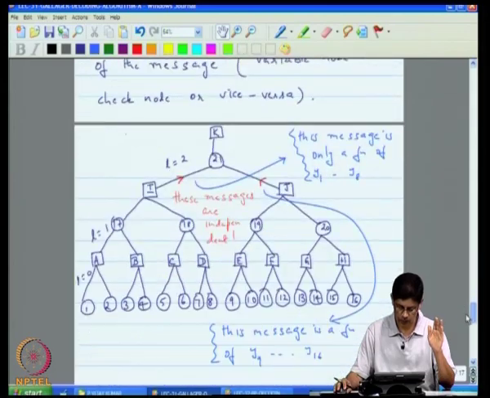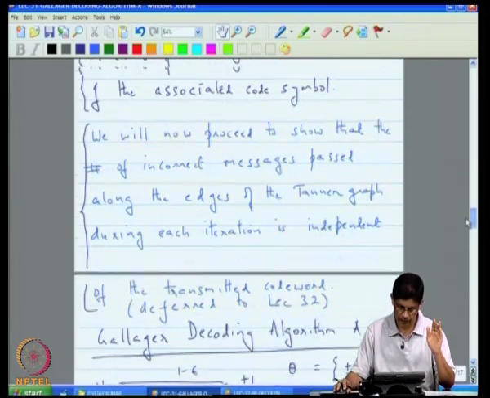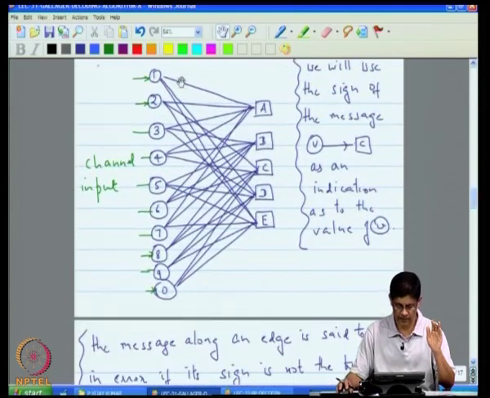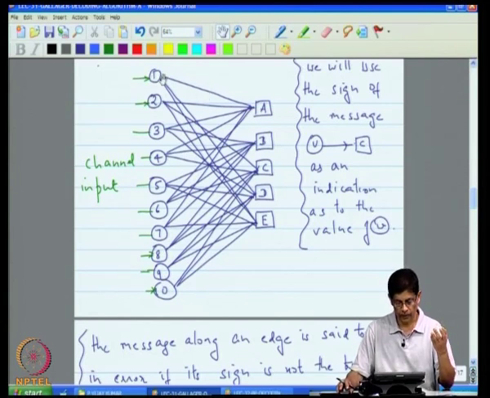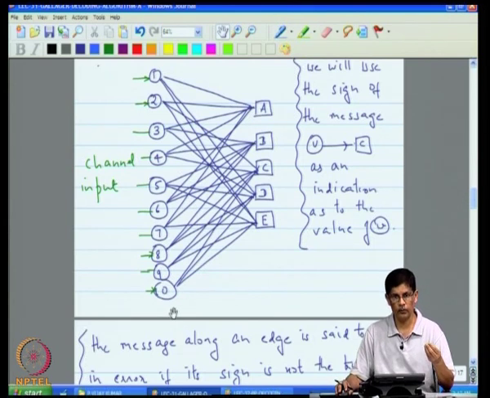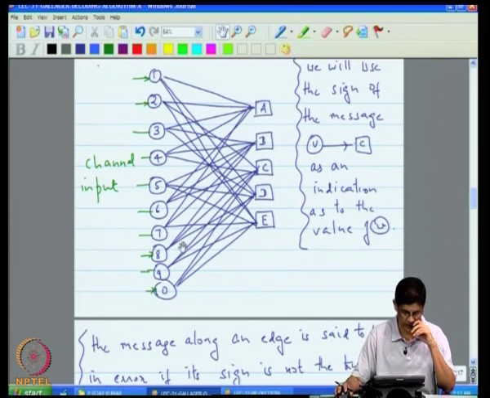Given that, when you look at this Tanner graph and see a message going on the lth iteration from a variable node to a check node, you should treat this message as an indication of what this node believes its value to be. When I say all one codeword, I mean the all one codeword with reference to the alphabet plus minus 1.